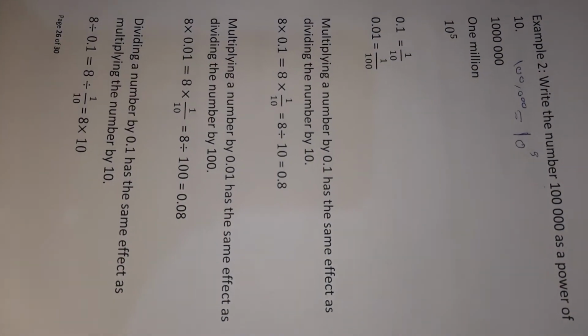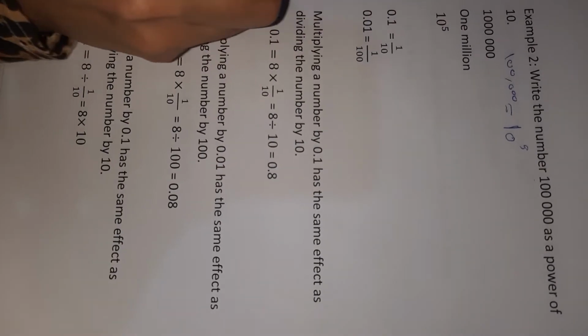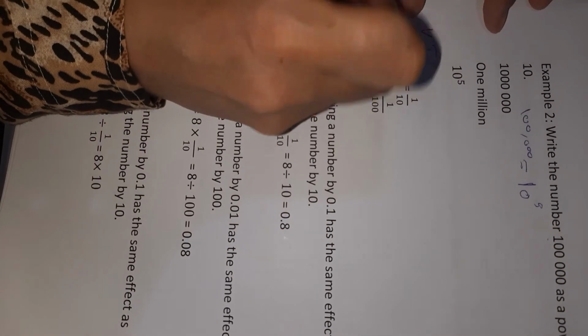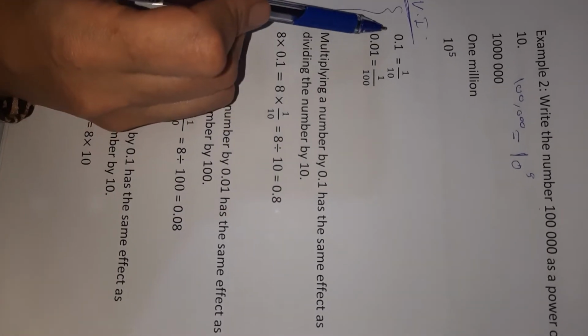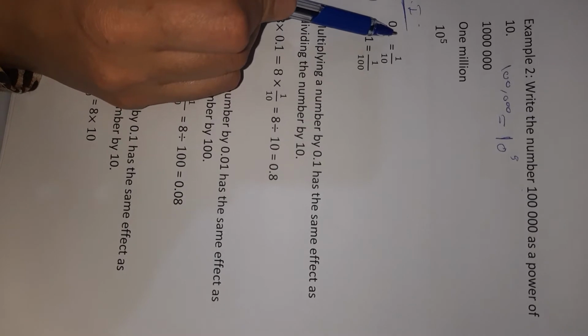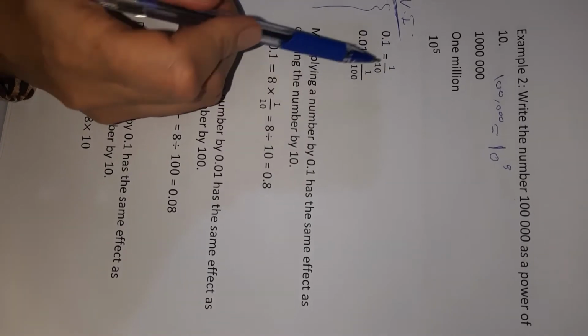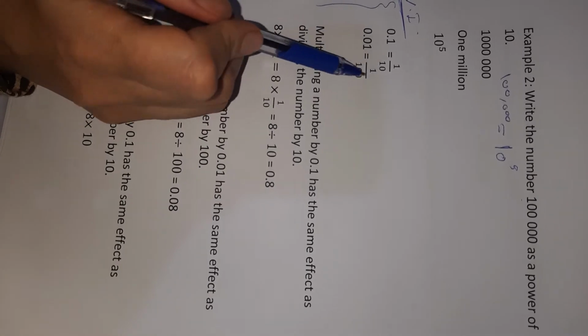Now, very important, look. 0.1 is a decimal, right? It means 1 out of 10. 0.01 means 1 out of 100.